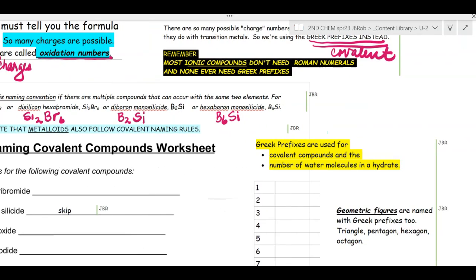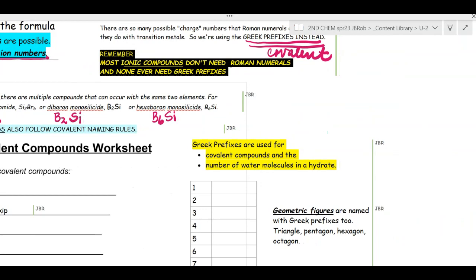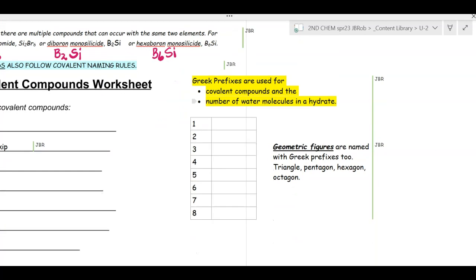All right, so what's the convention? Greek prefixes are used for the covalent compounds. They're also used for the number of water molecules in a hydrate. So in Greek numbers, we used Roman numerals for transition metal compounds, but Greek prefixes are used for covalent, and you're going to remember many of these.